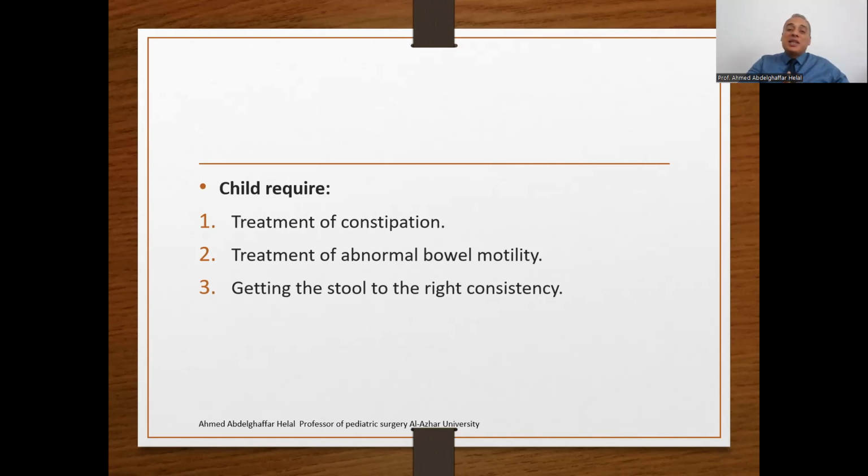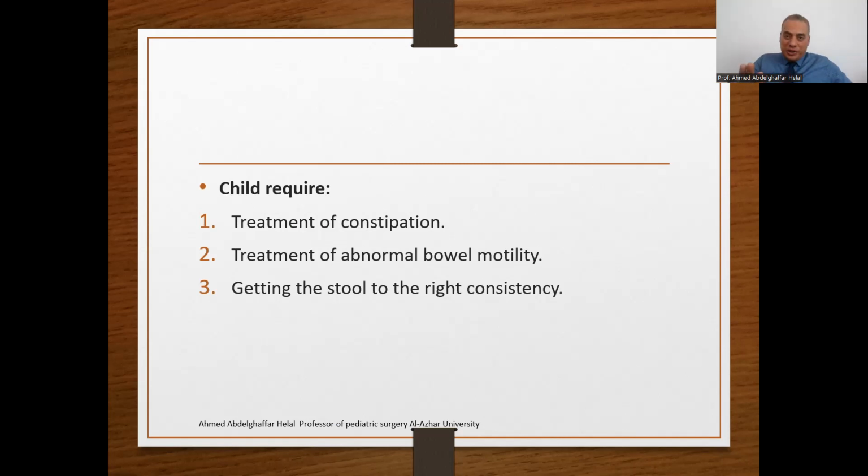Third item is getting the stool to the right consistency. Whether this is a hard impacted stool or a loose stool, you need to change the stool to the right consistency. And suppose the child has a good mechanism for continence, when you correct the nature of the stool, he will be able to control the bowel movement.